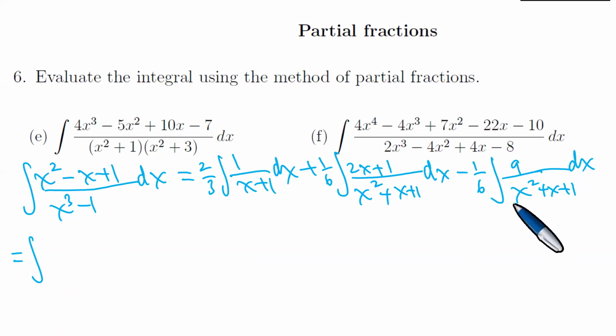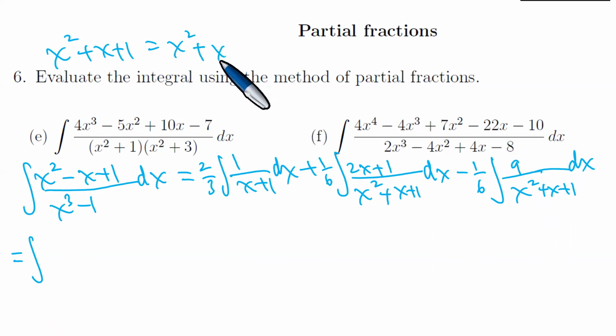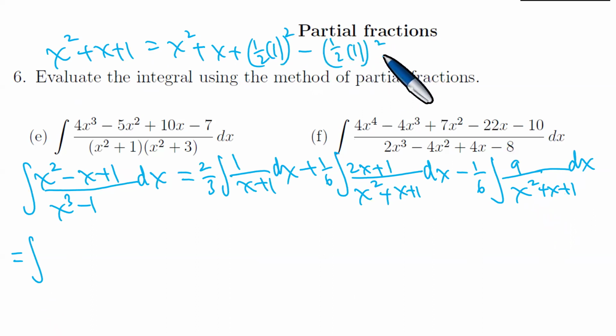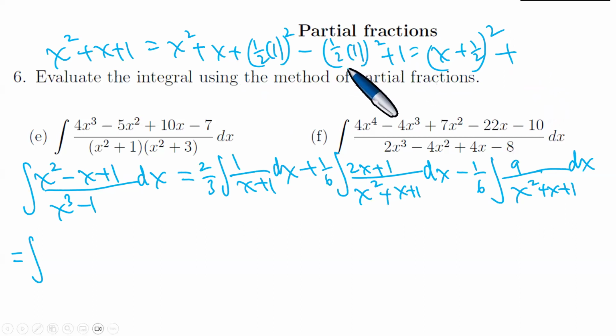Okay, by completing the square in the denominator, x squared plus x plus 1 can be written as x squared plus x, plus the square of half the coefficient of x, minus the same thing. So this one is 1 minus 1/4, because if you square the half, you get 1/4.